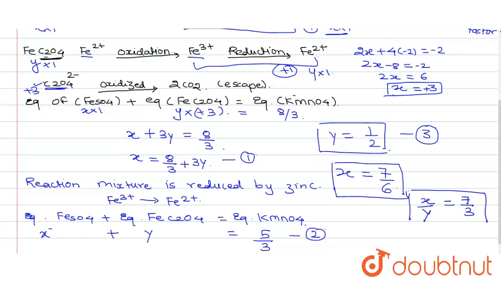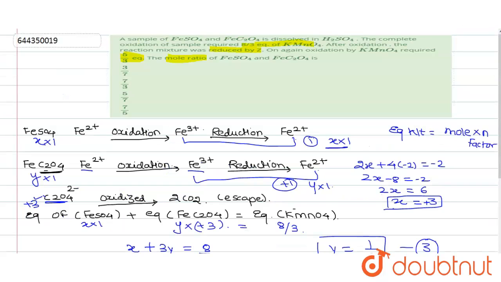X is the mole of FeSO4 and y is the mole of FeC2O4. Your answer is 7 upon 3, so the correct option is 7 upon 3.